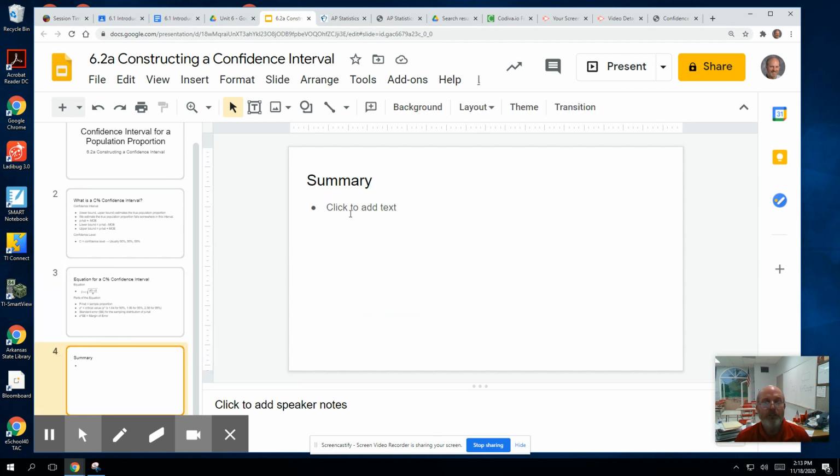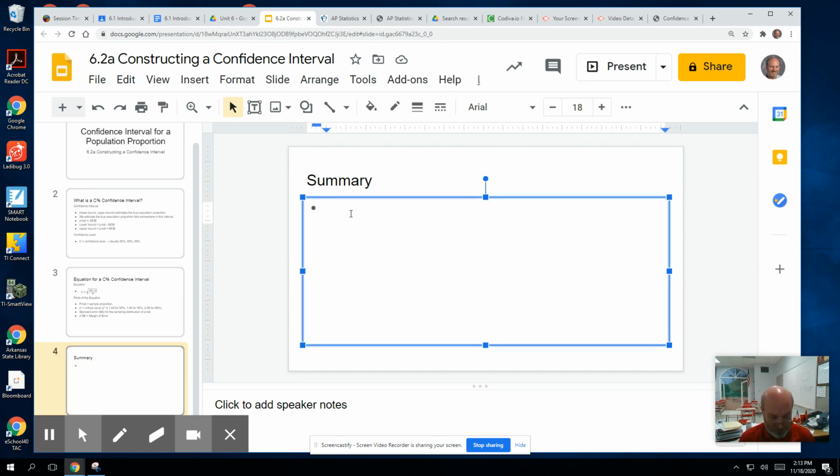And so to summarize, the confidence interval is an interval that we are C%, where C is our confidence level, certain contains the true population proportion that we're trying to estimate.